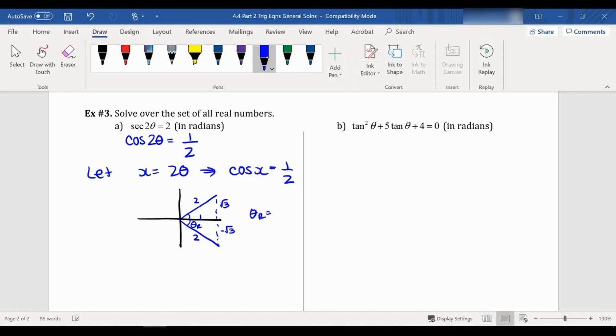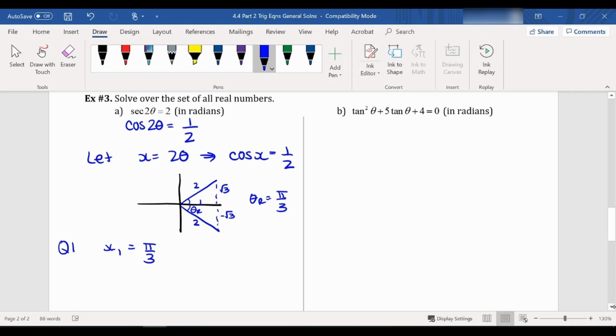And my reference angle, therefore, would be pi over 3, okay, or 60 degrees. It tells me in radians, so I should be looking at pi over 3. So in quadrant 1, my first answer would be pi over 3. Now, as a general solution, I know that I need to add 2 pi n. Okay.